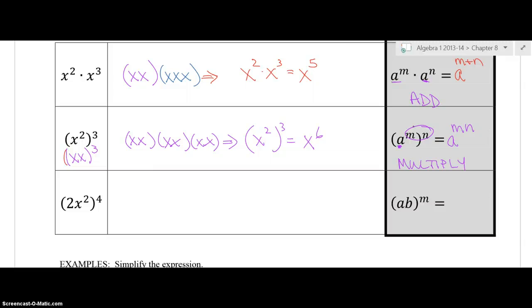All right. So let's look at this last one, 2x squared to the 4th. Okay, so we have 2xx to the 4th because we know that x squared is xx. How many times are we going to write 2xx out? 4 times.